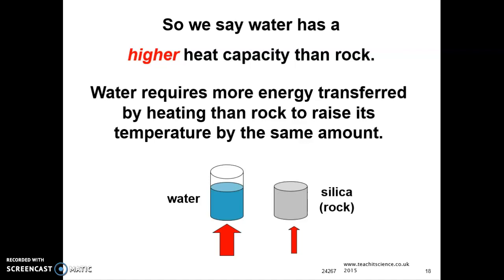So what we could say is that there's a higher heat capacity for water than there is for rock. It requires more energy to be transferred to heat it by the same amount.